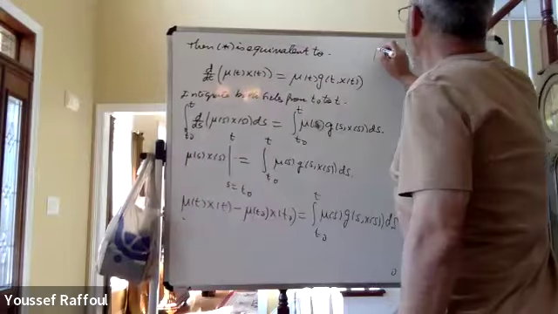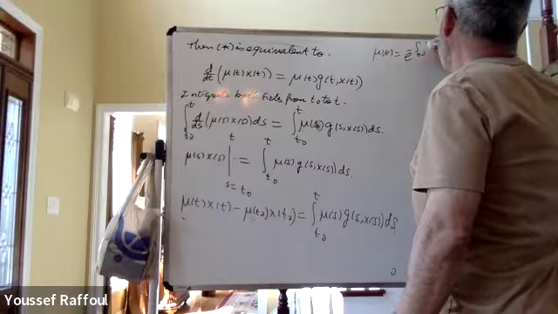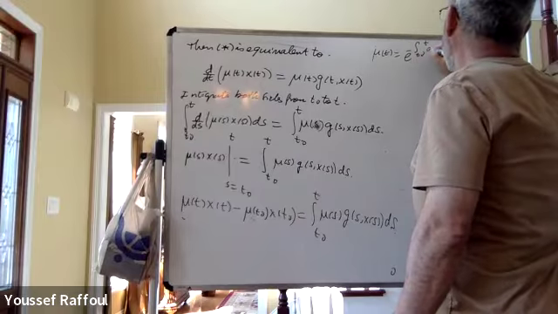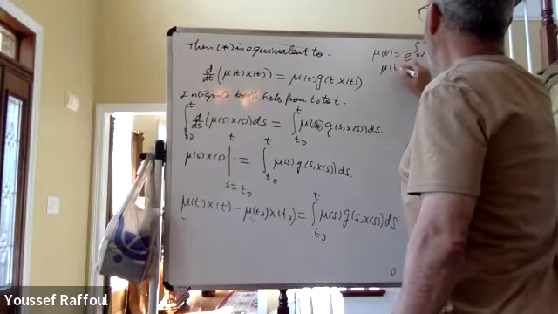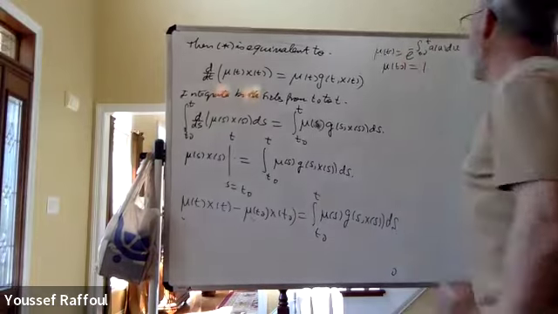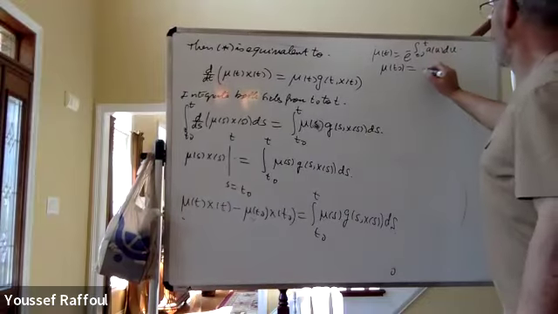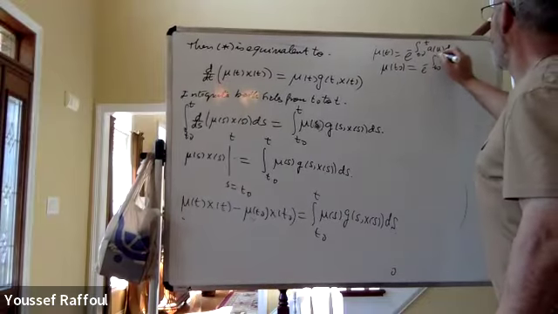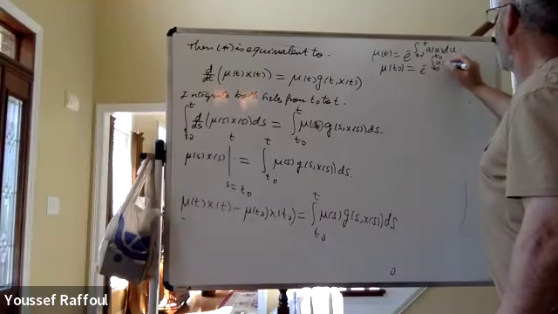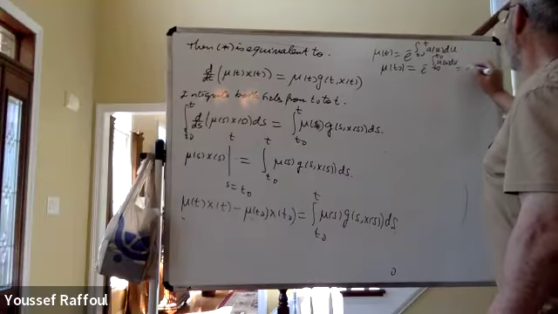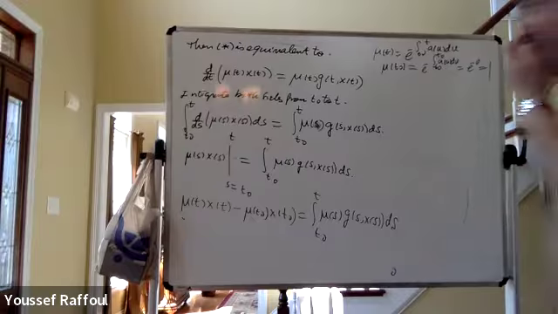Remember what the mu(t) is. The mu(t) is e to the minus integral from t naught to t of a(u) du. So mu(t naught) is 1 because that is e to the minus integral from t naught to t naught of a(u) du, that is e to the minus 0, that is 1. Okay?